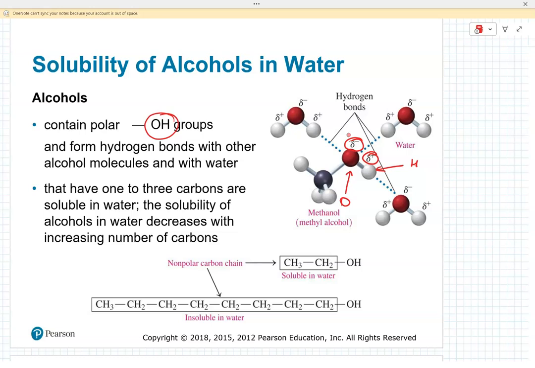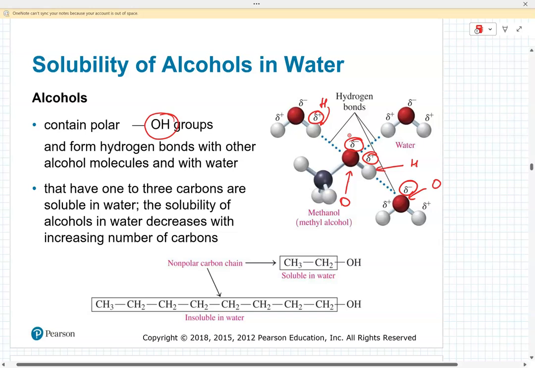If you look at the molecule of water, I talked about it. It is polar, with oxygen having a slightly negative charge and hydrogens having a slightly positive charge. So therefore, the OH group in the alcohol can form hydrogen bonds with molecules of water. Does that make sense to everybody? So these are hydrogen bonds.